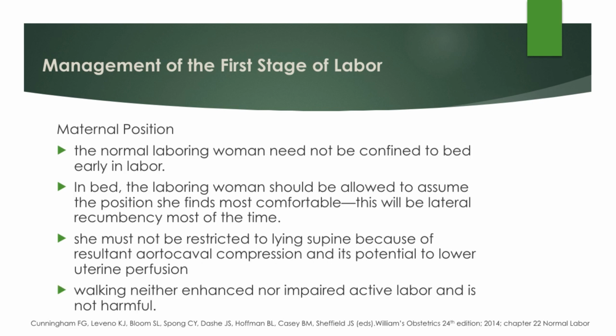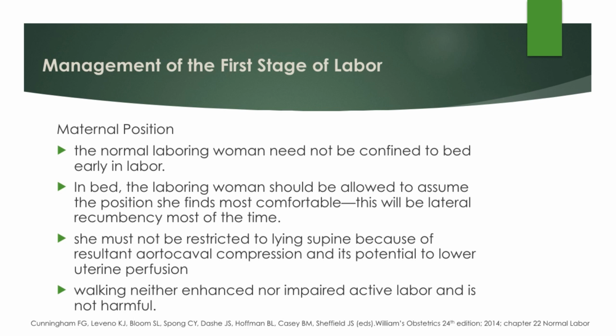So for the maternal position, the normal laboring woman need not be confined to the bed early in labor. So in other words, she can choose whatever position she wants. If she wants to stand up, if she wants to just sit down, that's permissible. Okay? So in bed, the laboring woman should be allowed to assume the position she finds most comfortable.